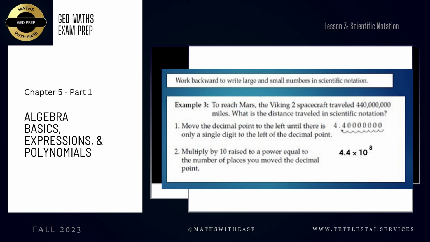So for example, to reach Mars, the Viking 2 spacecraft traveled 440 million miles. What is the distance traveled in scientific notation?